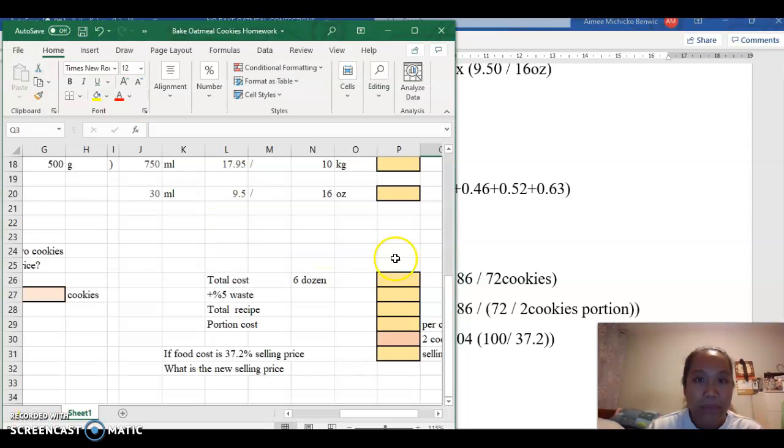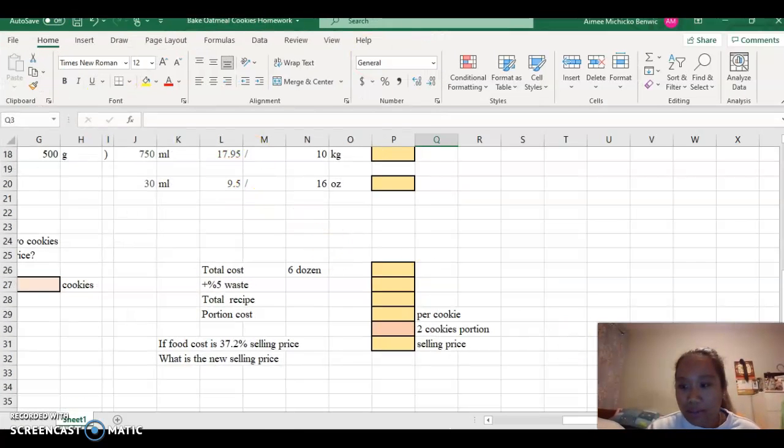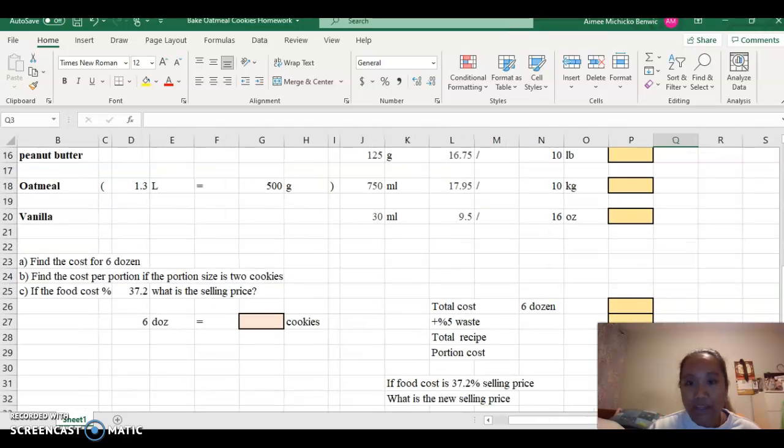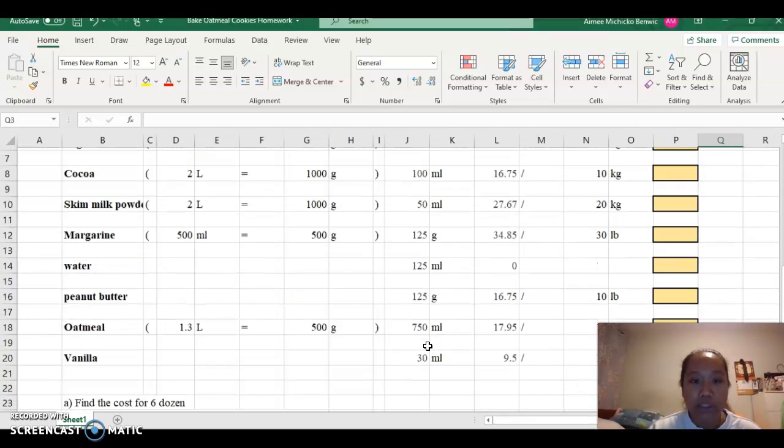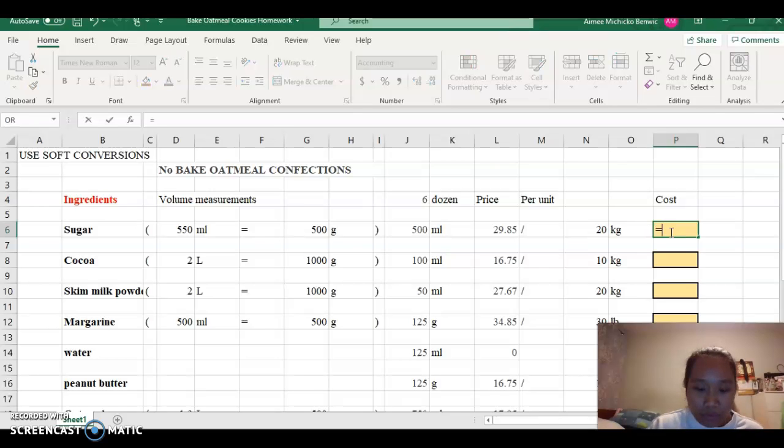After doing the paper calculation, we can now go to Excel, and we basically put everything we wrote down in our paper calculation into Excel. I'll show you one. We have to copy whatever we wrote there. So for the sugar, equal sign, open bracket, these are the values, so we can just click them. 500 ml.